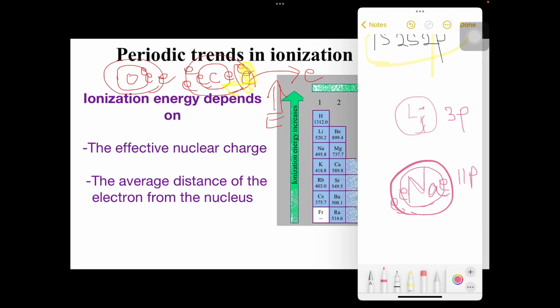So 1, 2, and then the third energy level. Here in the second level there are actually 8, and on the third energy level there is 1. So this electron has less attraction towards the nucleus.